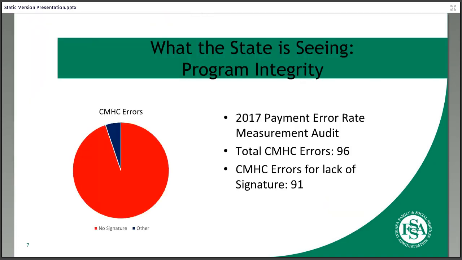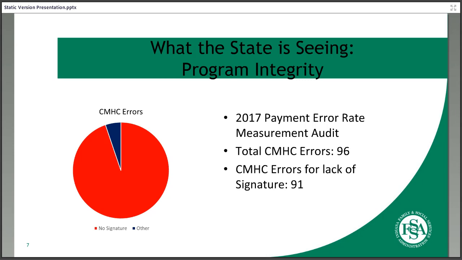Now, in my little area in program integrity, we had the 2017 payment error rate measurement audit, which is when CMS comes in and takes a look at Medicaid and CHIP, and what we are paying out, and whether we should have. They produce error rates for each of our programs. One of the error rates they look at is medical error rates, and actually 40% of the medical errors involved treatment plan issues.